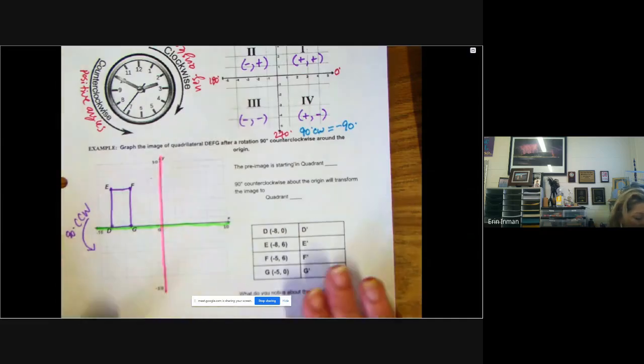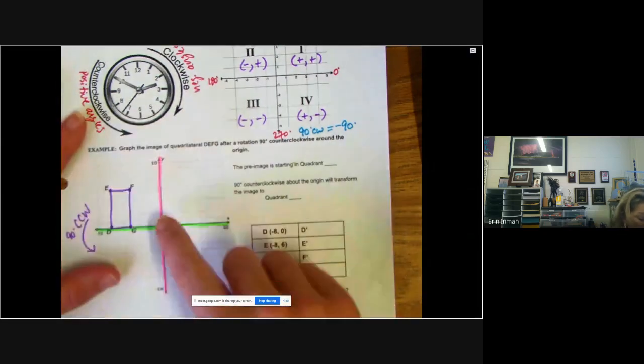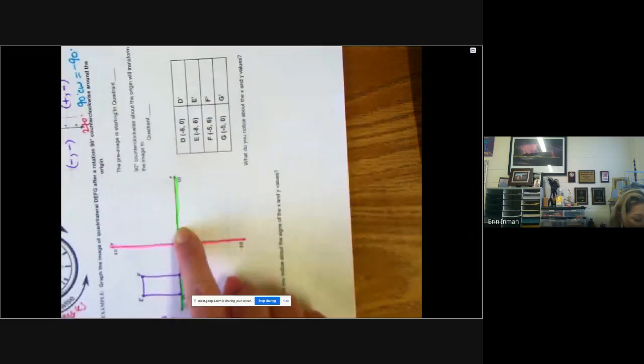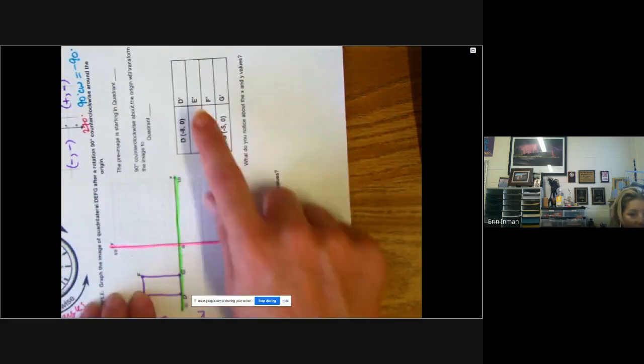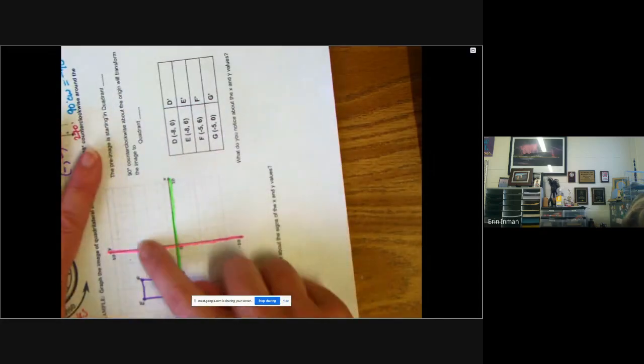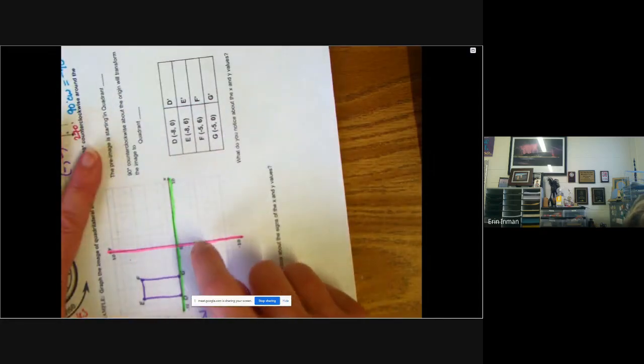So it looks like my X's and Y's are going to probably switch maybe a little bit. And maybe not on this one, but if you just had a blank graph, you could just turn your paper, now plot the points of the original ones. So if I said, okay, -8, 0, I can go ahead and plot some of these.